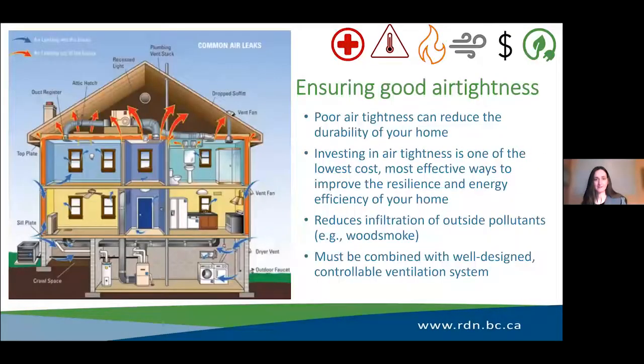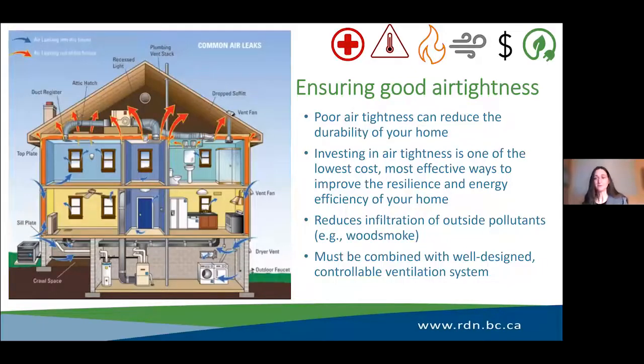So how do we get a good building envelope? Air tightness is one of the best areas to focus on for this. Air tightness minimizes the uncontrolled movement of air through your house structure. Code-built homes frequently have air barriers that maybe aren't well protected from damage over the lifetime of the home, or have some gaps in them.